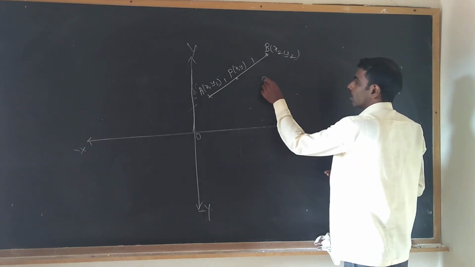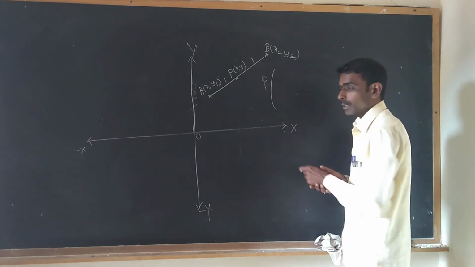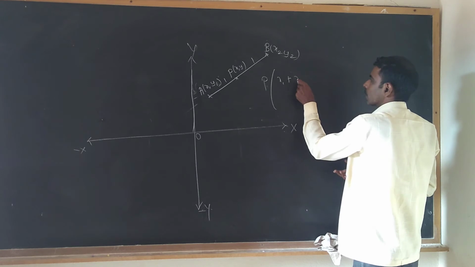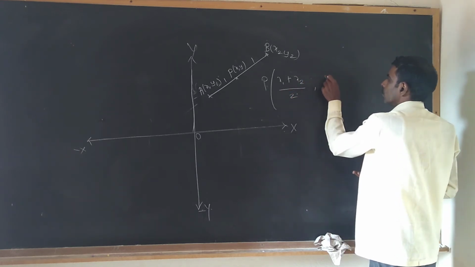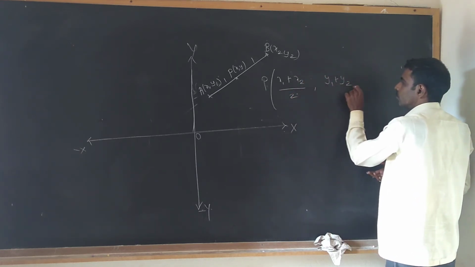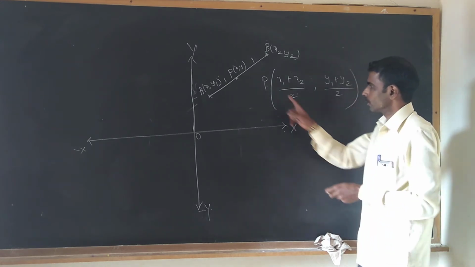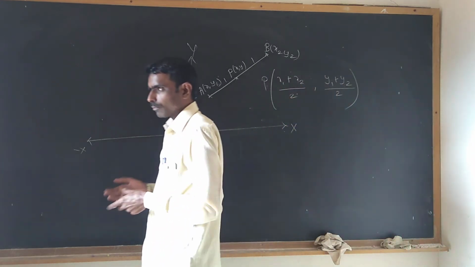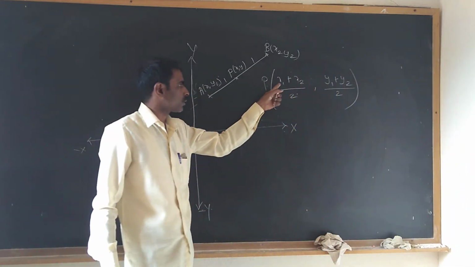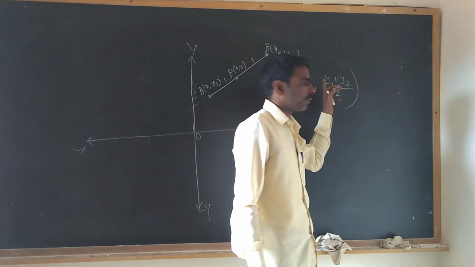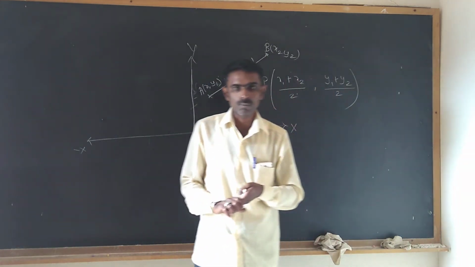Then the coordinates of the point P will be (x1 plus x2) divided by 2, (y1 plus y2) divided by 2. It is nothing but P of (x1 plus x2) divided by 2 and (y1 plus y2) divided by 2.